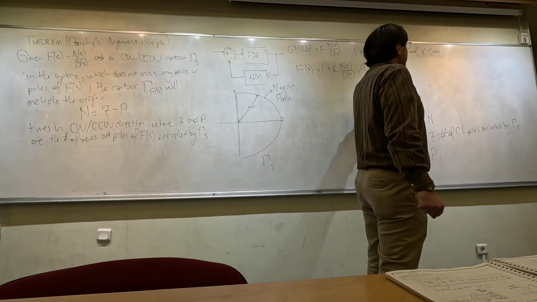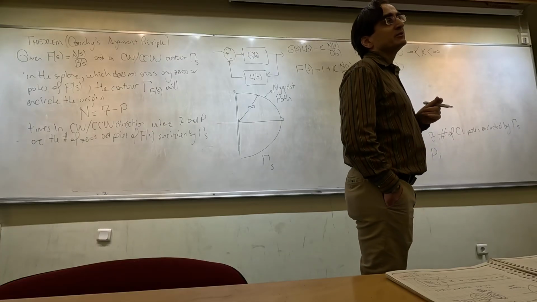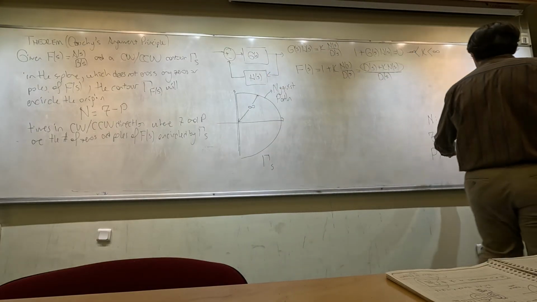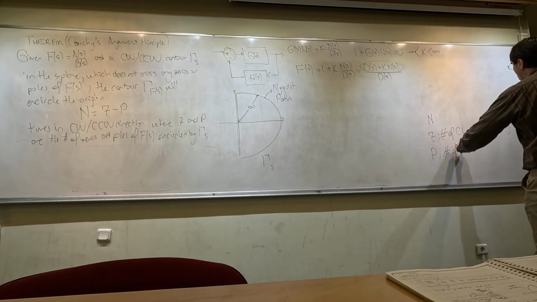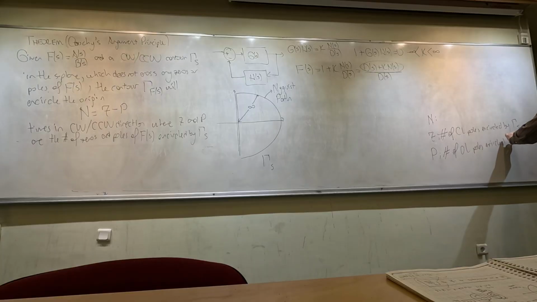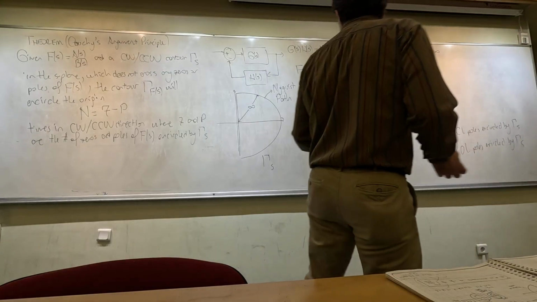What do we call the s values which would make the denominator 0? They are open loop poles. So P would be the number of open loop poles encircled by gamma s. Because gamma s encircles the whole right half plane, this is going to be the number of unstable open loop poles.